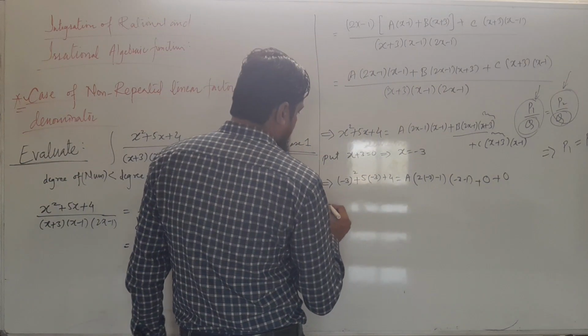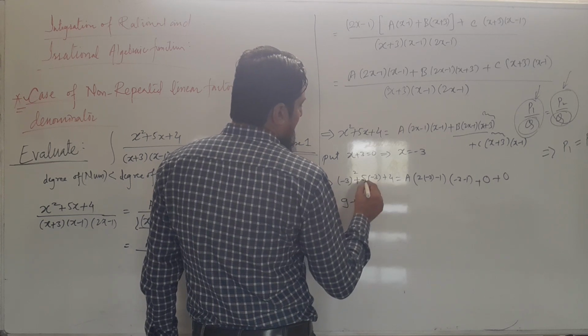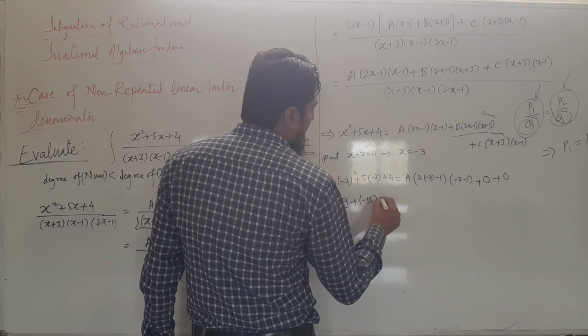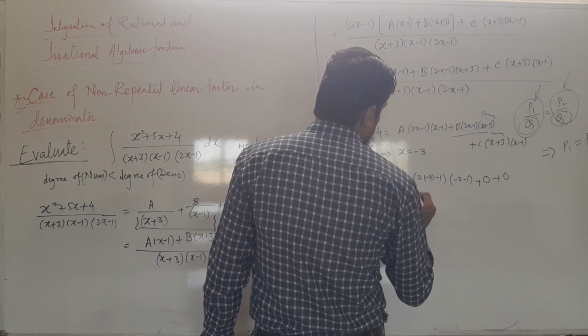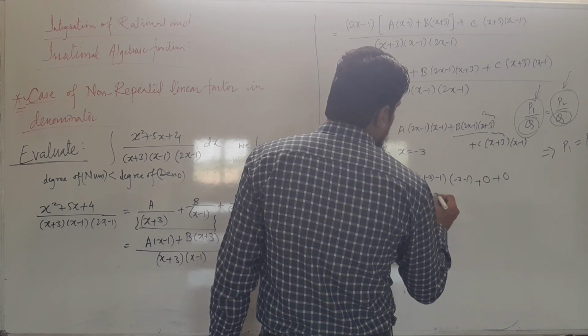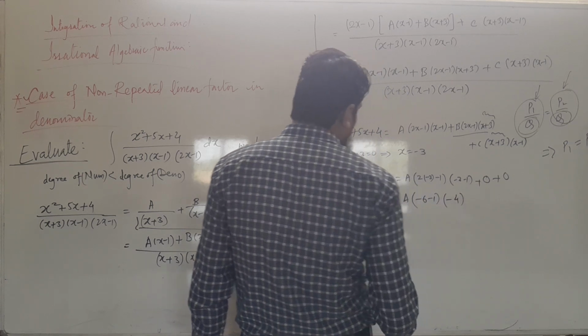Now (-3)² means 9, 5 times -3 is -15, plus 4, equals A into -7 and -3 - 1 becomes -4.